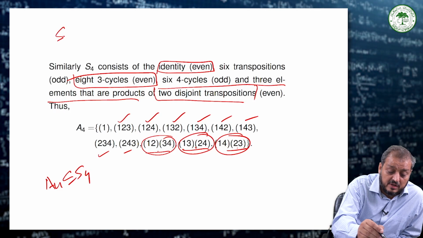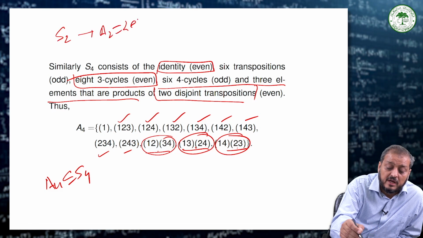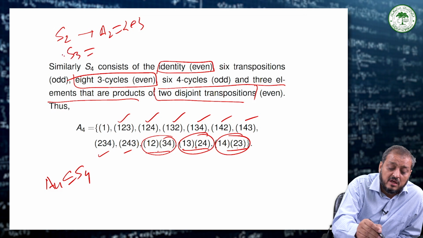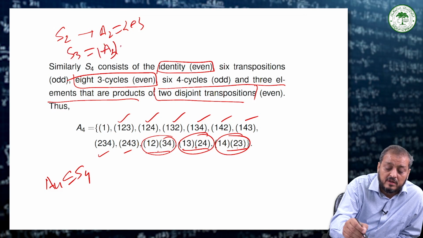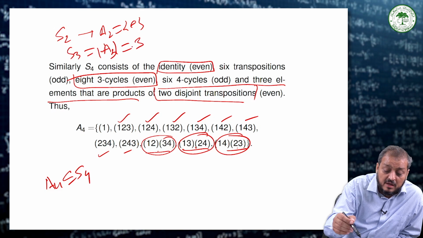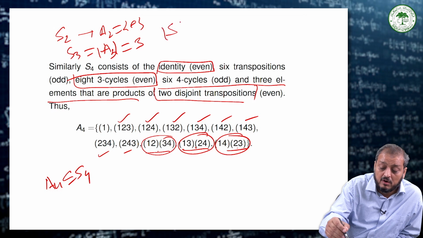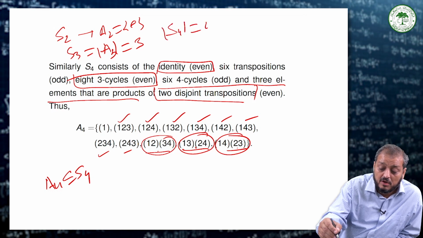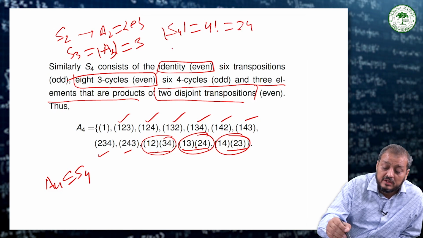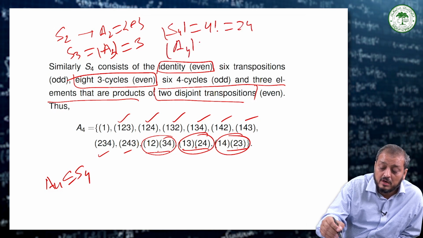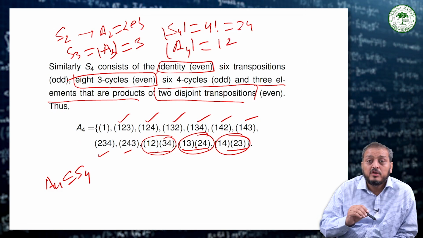And now in general we can say that if we take S2, the subgroup A2 is equal to the identity element. If we have S3, then the number of elements in A3 is 3. And if we have S4, you know that the order of S4 is factorial 4, which is equal to 24, and the number of elements of A4 is clearly 12.